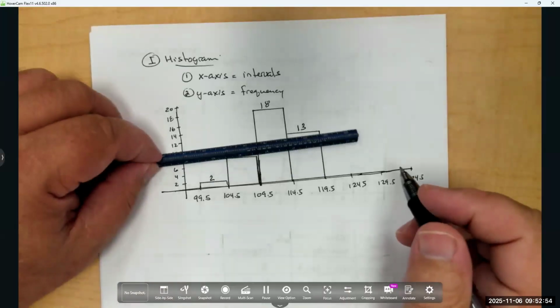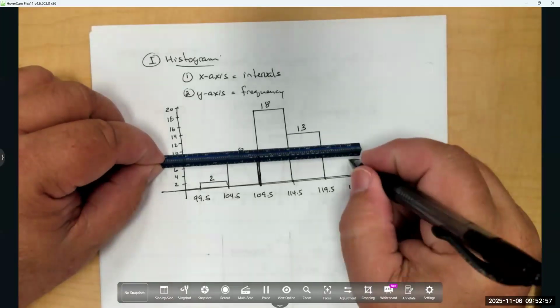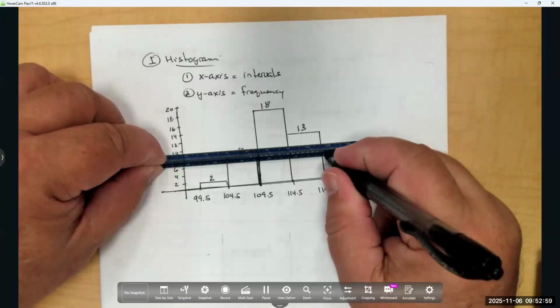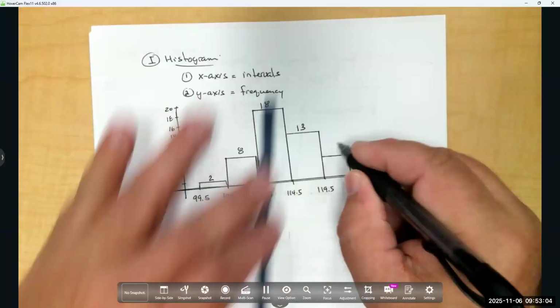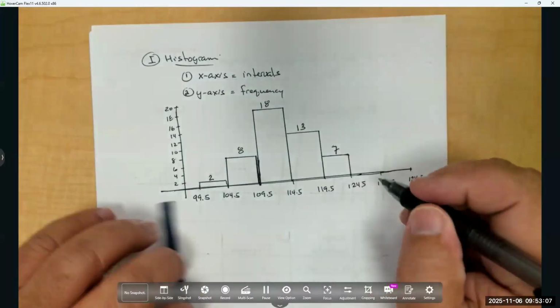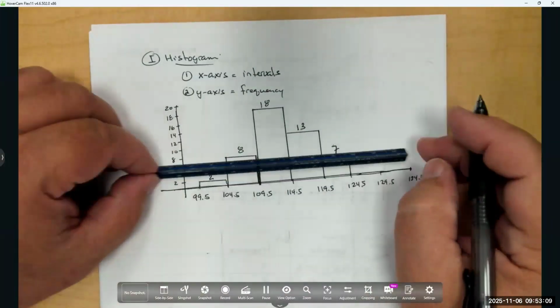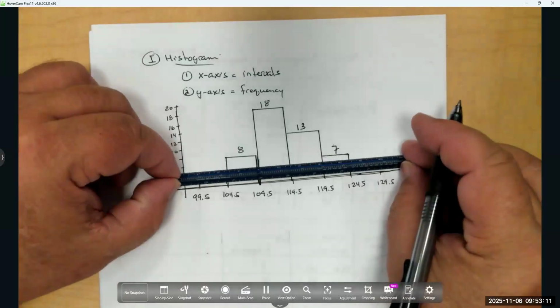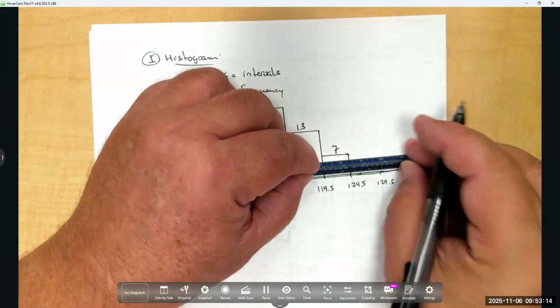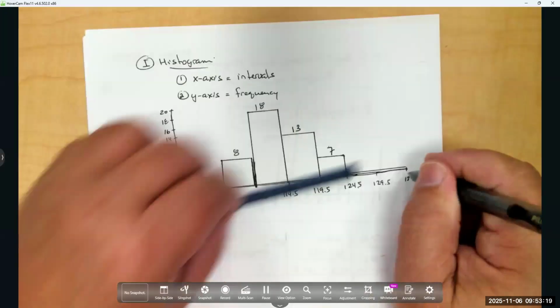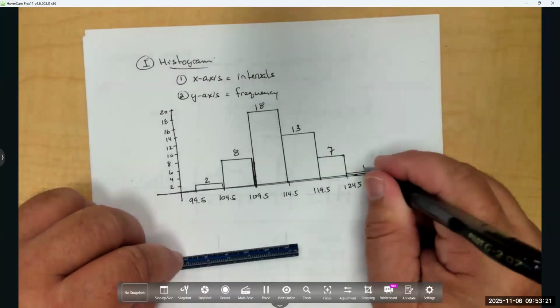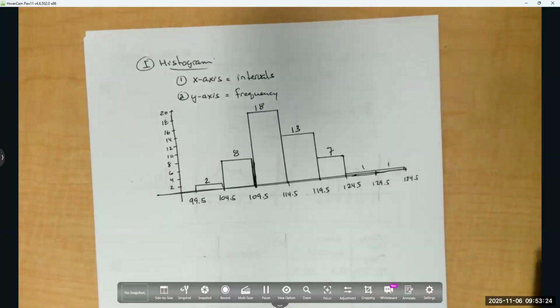Then 7. Then 1 and 1. So that's a histogram. Pretty straightforward, pretty easy.